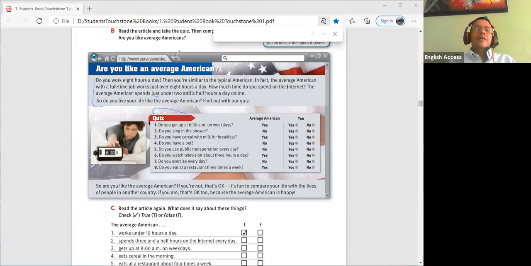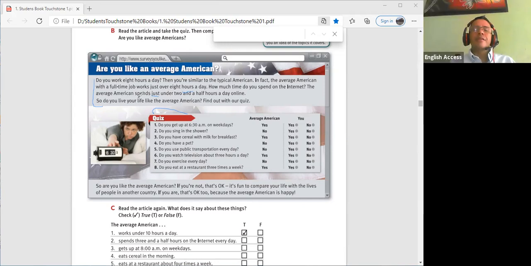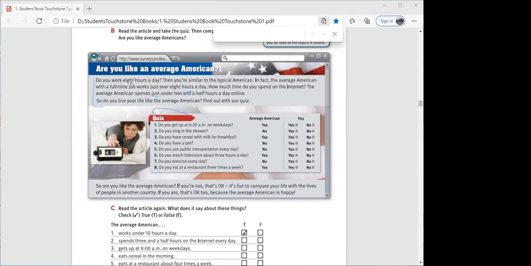Do you work 8 hours a day? Then you are similar to the typical American. In fact, the average American with a full-time job works just over 8 hours a day.